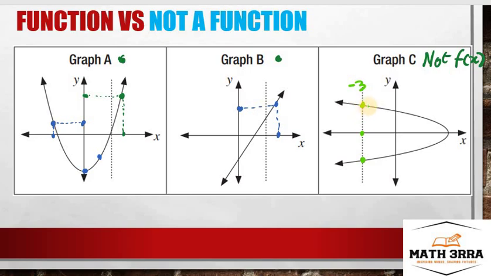When x is -3, y has a value of, let's say, 5 for simplicity's sake. y can be 5, and also y can be 0. We know that y in here is 0, and y can have this point. So as such, this is not a function.